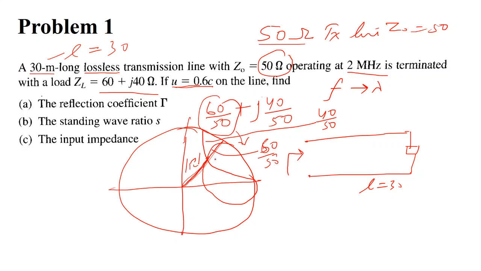For example, this is point O, this is point P, and let this be point S. OS is 1 and OP is gamma L. So you measure OP with your scale over OS, and divide by 1.